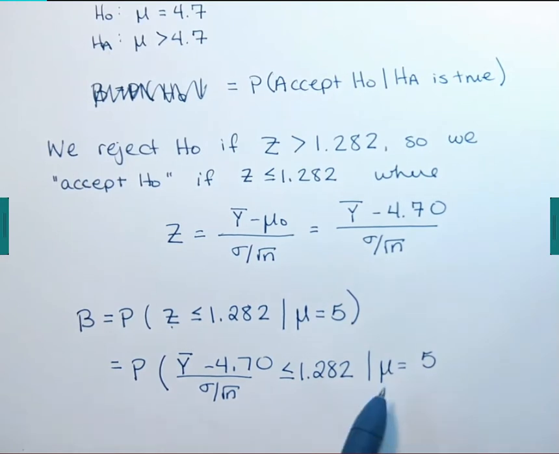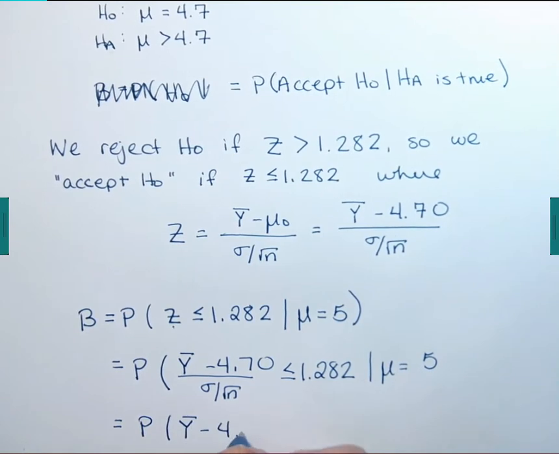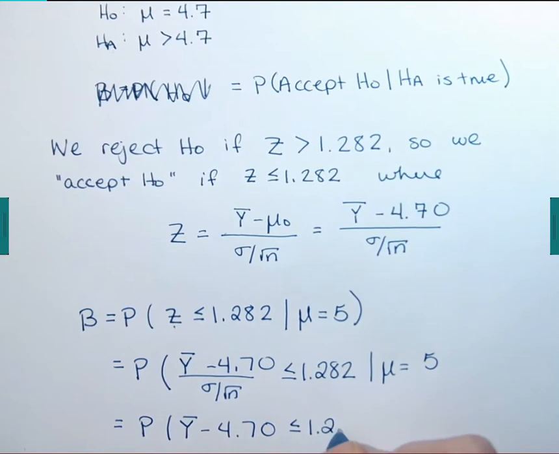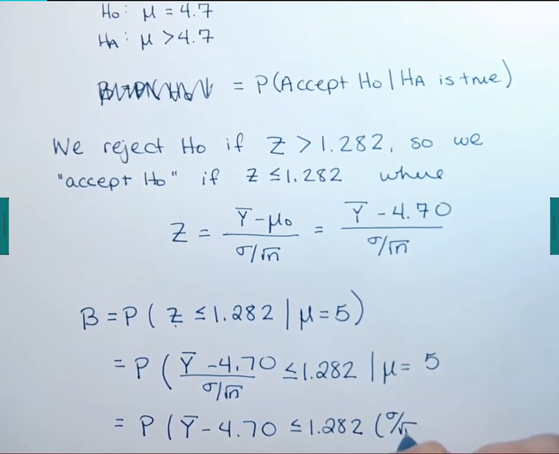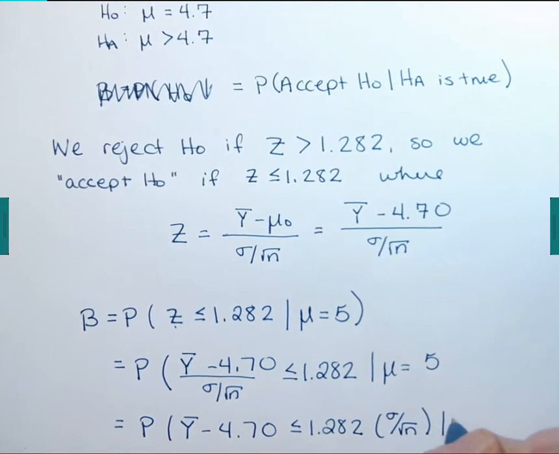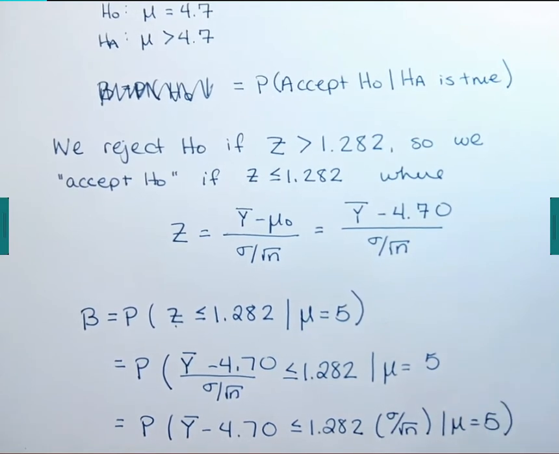Well, looking at this probability statement, notice that y bar is the random piece here. So let's get y bar by itself. So this is equal to the probability that y bar minus 4.70 is less than or equal to 1.282 times sigma divided by the square root of n, again given that mu is equal to 5.